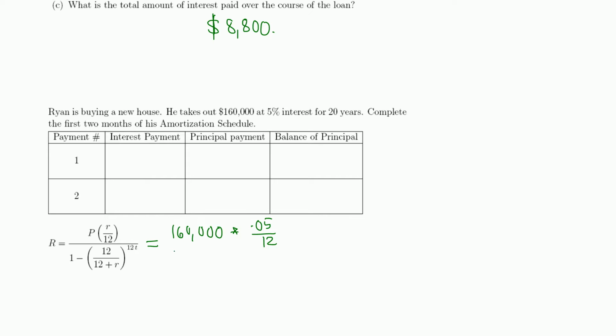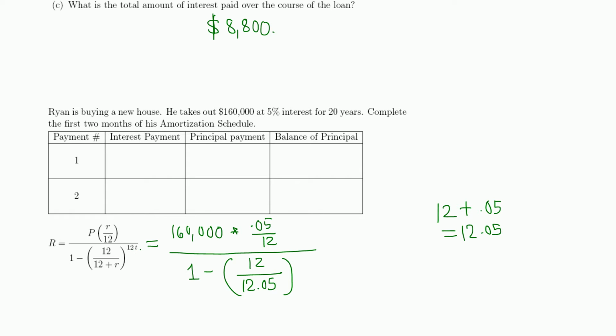So that goes on the top, all divided by 1 minus 12 over 12 plus R. R is 0.05, so 12 plus 0.05 is 12.05, raised to 12 times T. T is 20 years, so 12 times 20, that's 240.